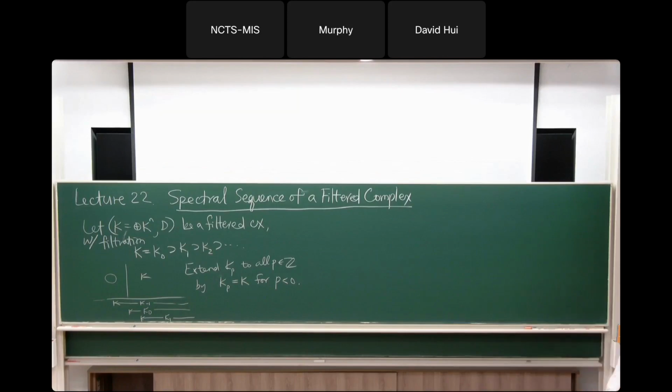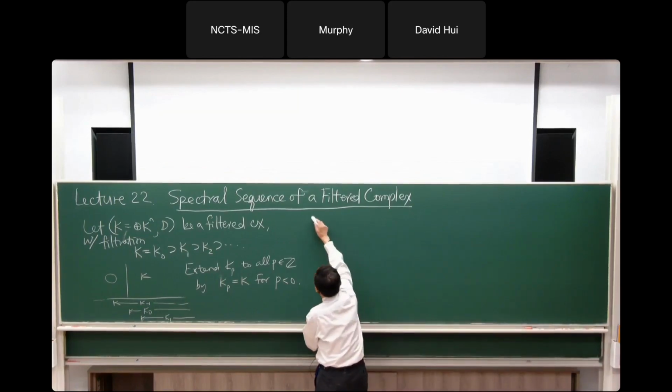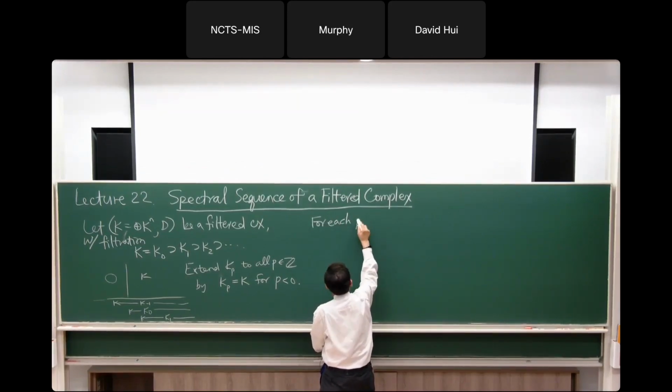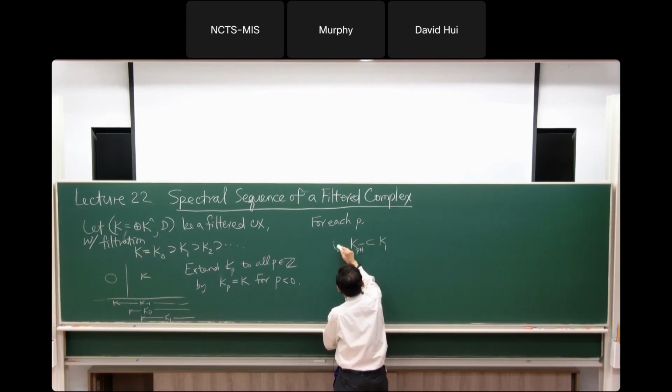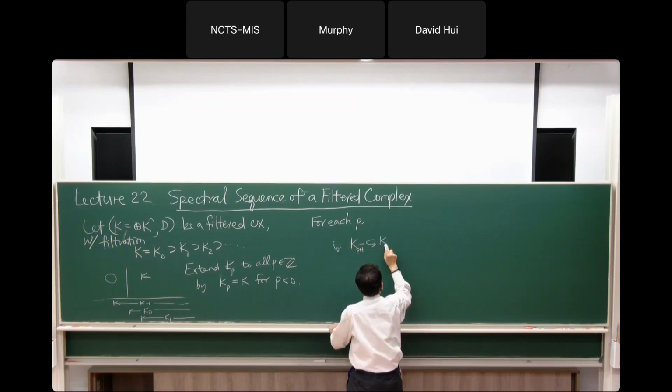Then for each p, K_{p+1} is contained in Kp. So you have a map, the inclusion map.